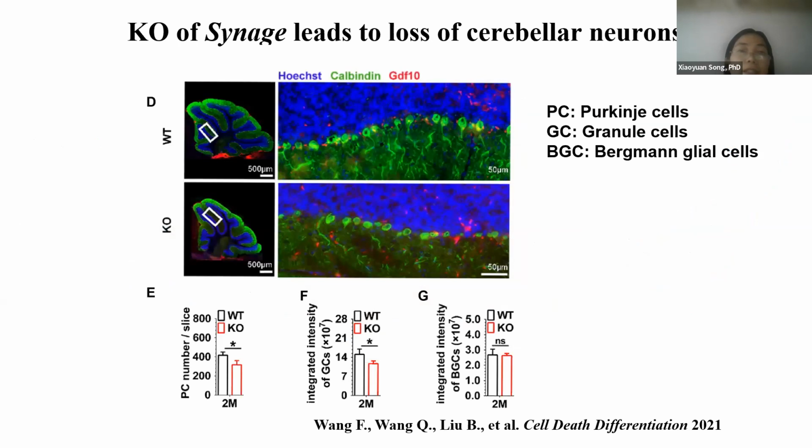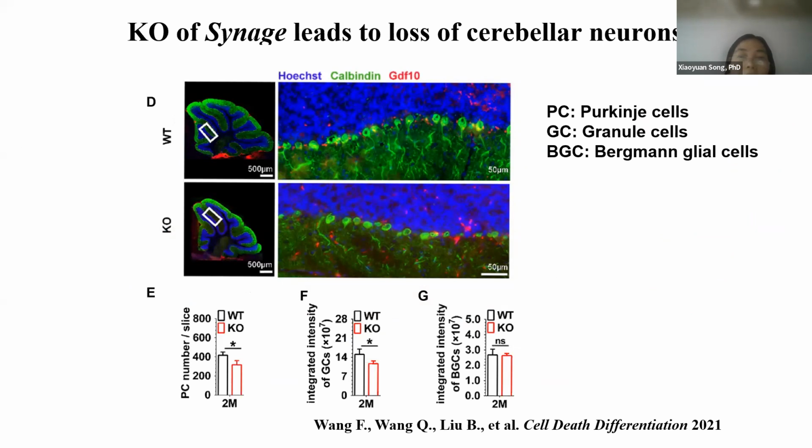So we noticed that the knockout of Synage leads to the loss of cerebellar neurons. Again, we used FISH and protein IF staining with specific markers of different cells: calbindin for Purkinje cells and GDF10 for the Bergmann glial cells.